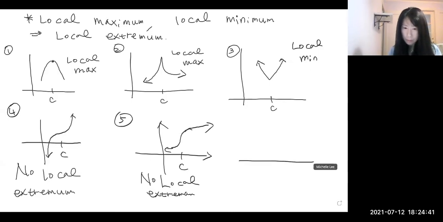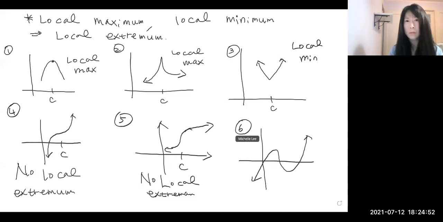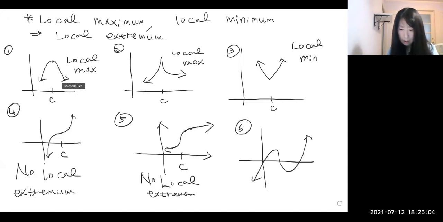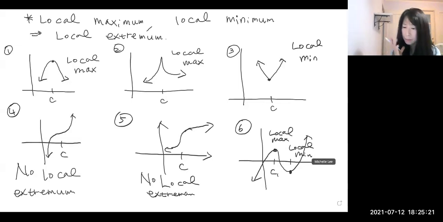And how about this? Yes, there is a local max and min. This is the local max. And let me write down, this is the local minimum. So I don't have to write down the definition, right?